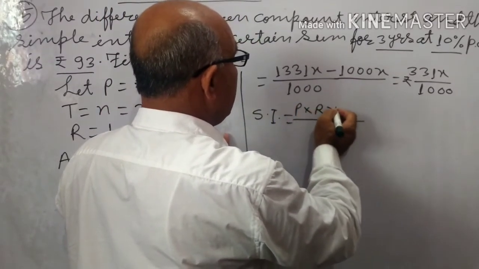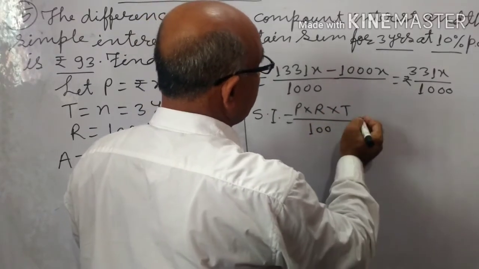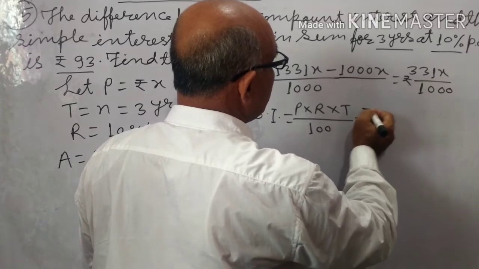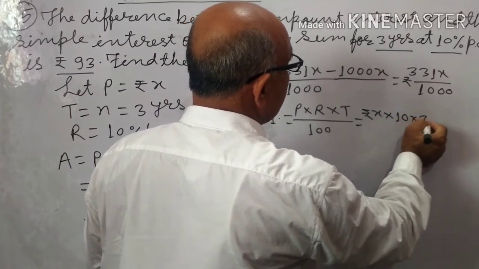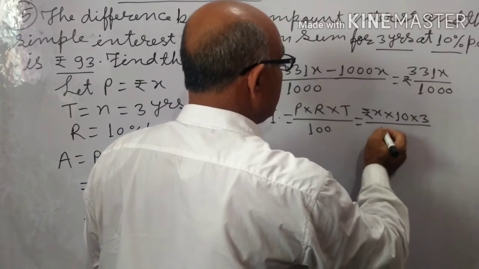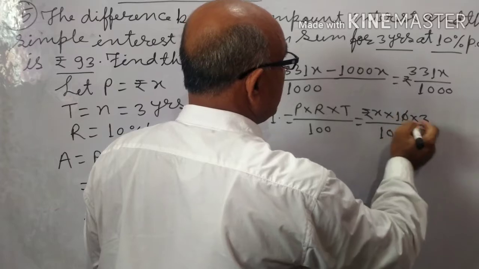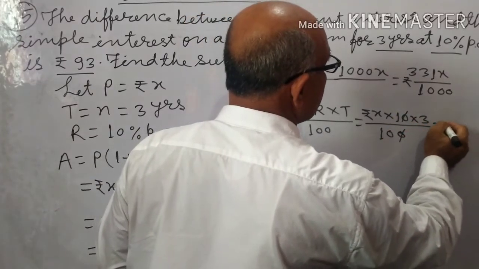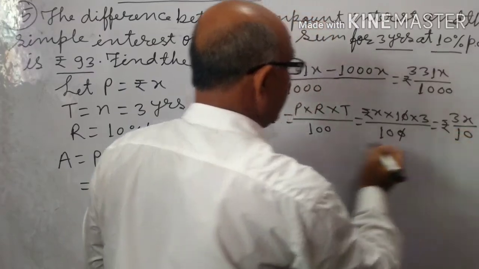P into R into T by 100 equal to rupees X into 10 into 3 by 100. 10 and 10 cancel, equal to rupees 3X by 10.